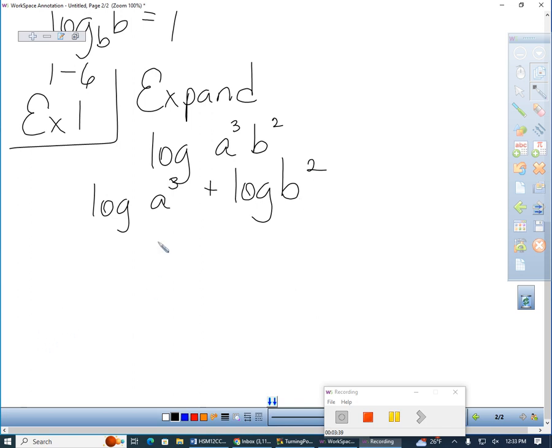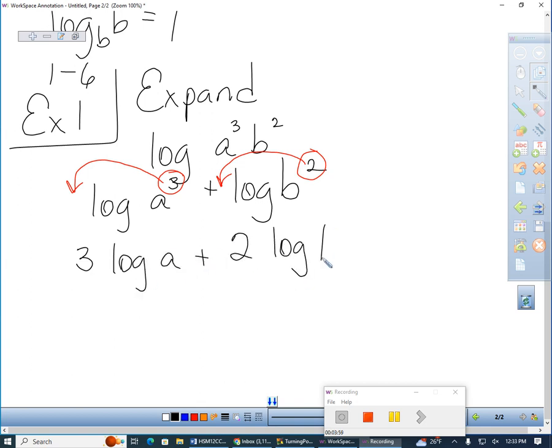Then our next step is to take any exponent, and this exponent has to go to the front. Same thing with this one, it goes to the front of that log. So we have 3 log a plus 2 log b.